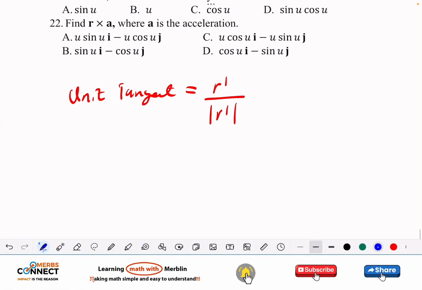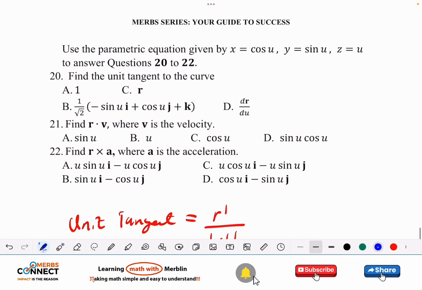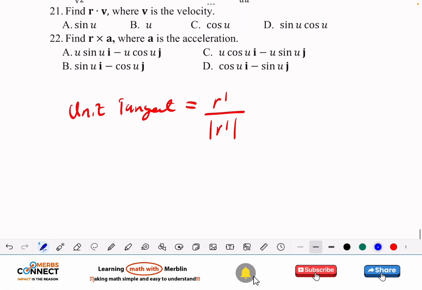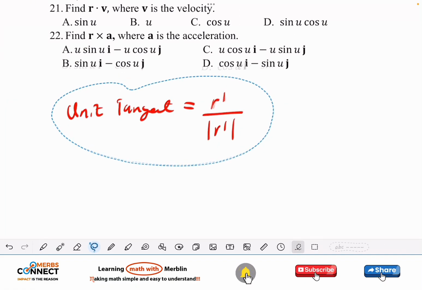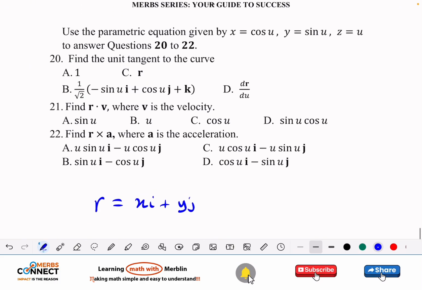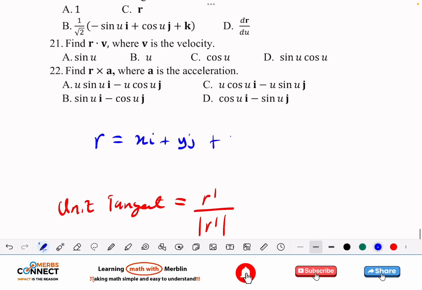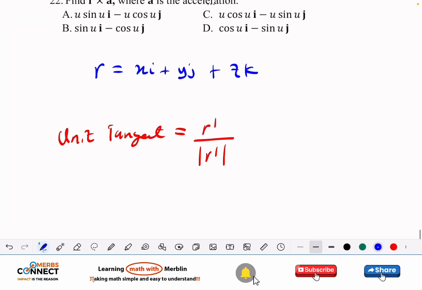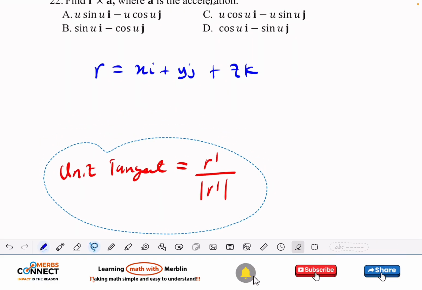And what is R? We need to form the parametric equation first. So what is the parametric equation? R is equal to xi plus yj, and we have z there, so zk. So this is the parametric equation.